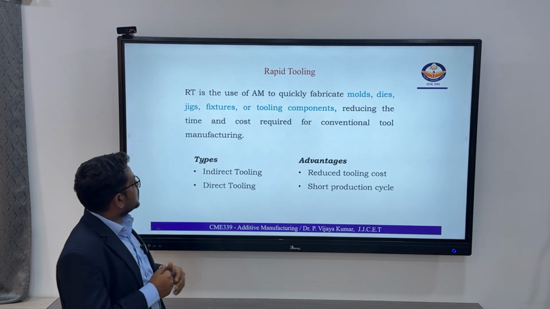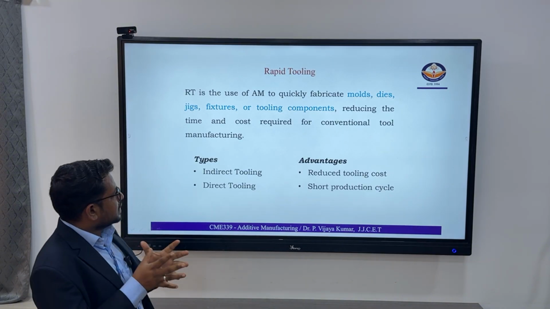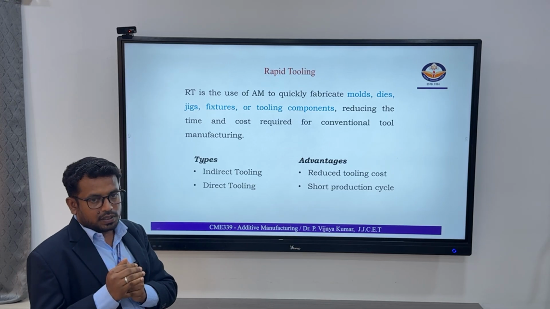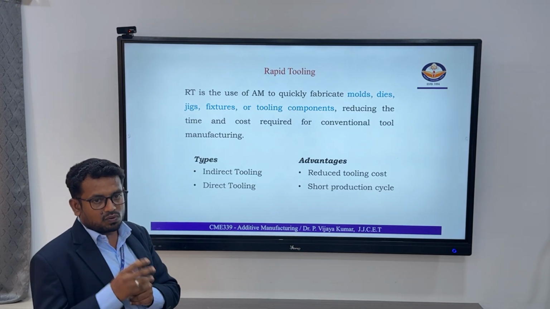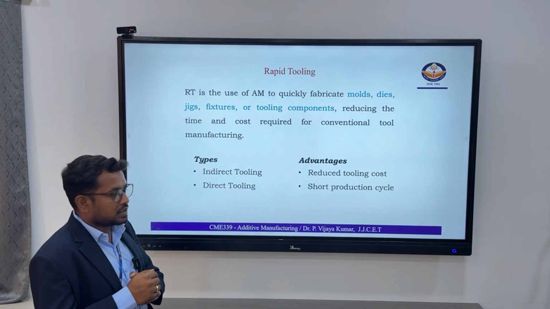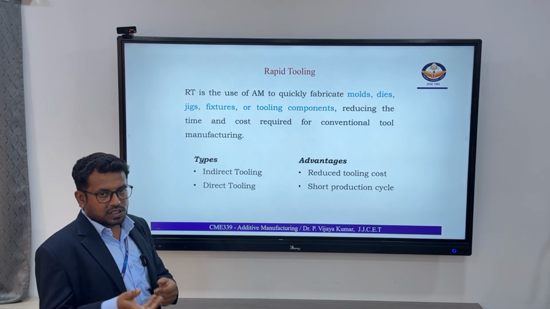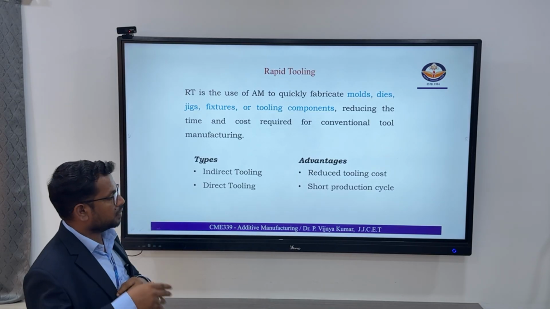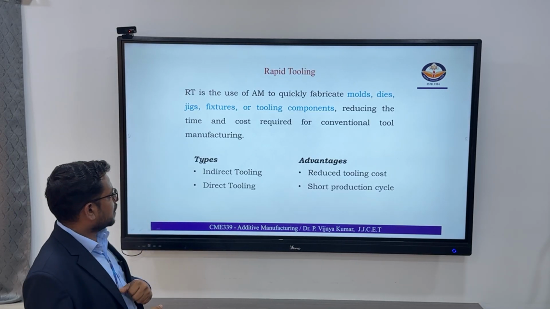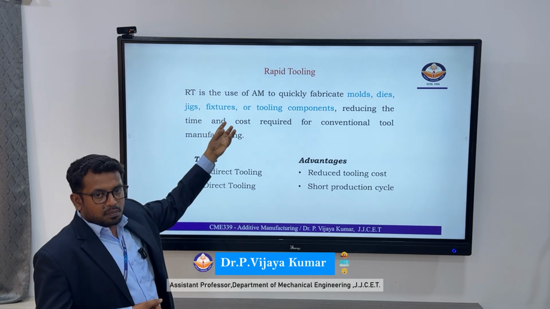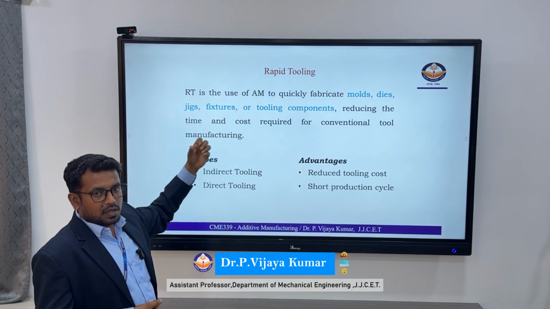Okay. And next, rapid tooling. Tooling is nothing but, suppose we are going to prepare a part by the traditional or conventional manufacturing process, at that time we need some molds, dies, jigs, fixtures, and this type of extra materials are required. But in the case of rapid tooling, we are also able to easily fabricate the tooling.